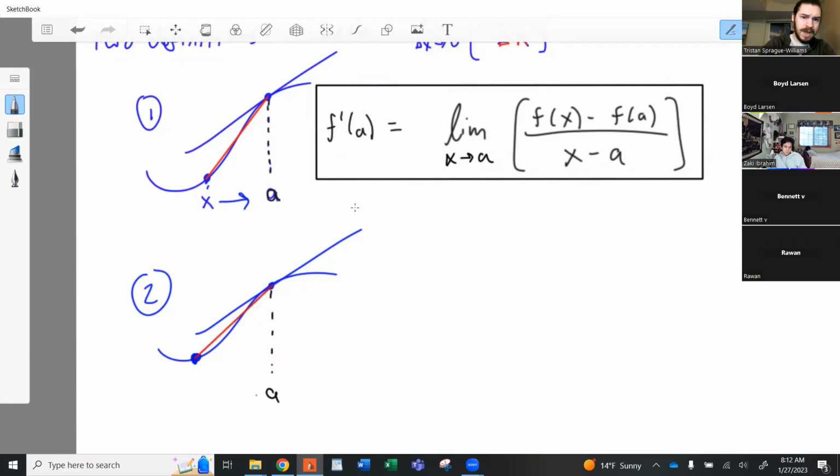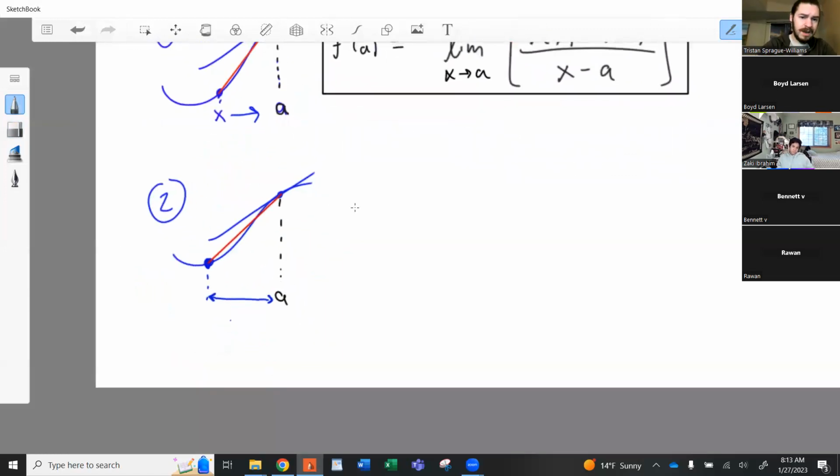But instead of focusing on the x coordinate over here, what we do instead is we think about the distance between these 2 points. And that distance right there, we call that delta x, or actually in our textbook we're using, we call it h.